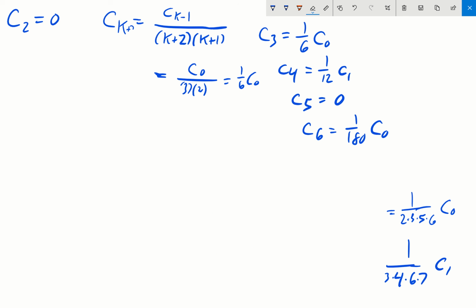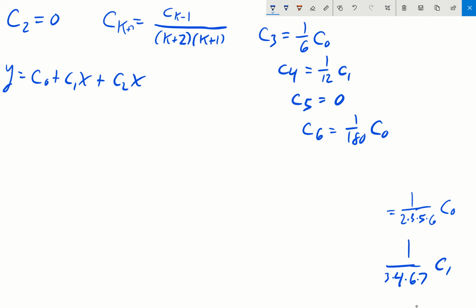In general, you need to do about as many of these as it takes to spot a pattern. So again, our power series solution should be able to form c0 plus c1 x plus c2 x squared plus c3 x cubed plus dot dot dot. We don't know the value of c0, it's arbitrary.